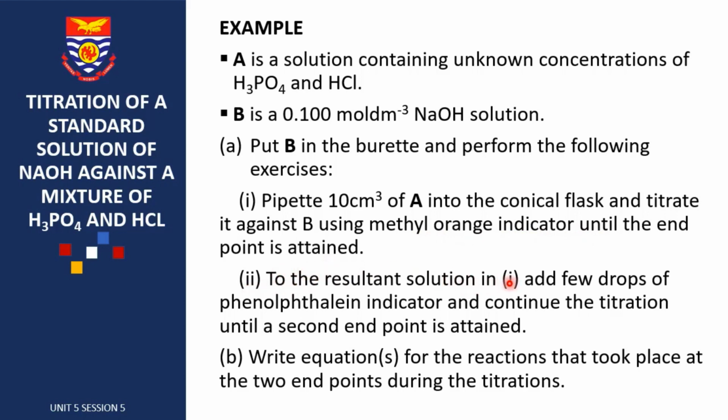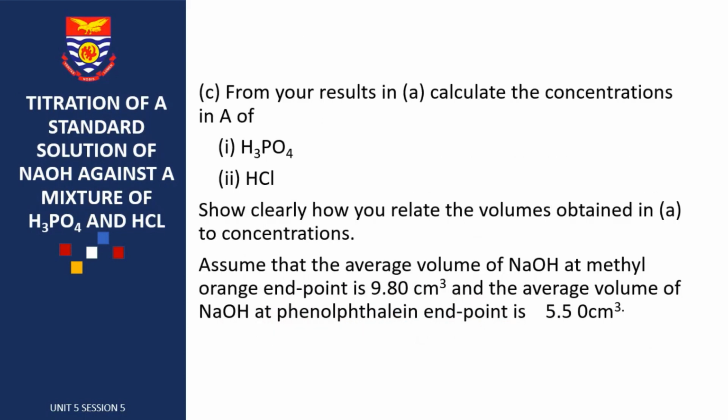So once we see this, that means we are dealing with continuous titration or the continuous method. We add the second indicator and then record our values. We are to find the concentrations of the phosphoric acid and the hydrochloric acid, and we should show how to relate the volumes obtained in A to concentrations.